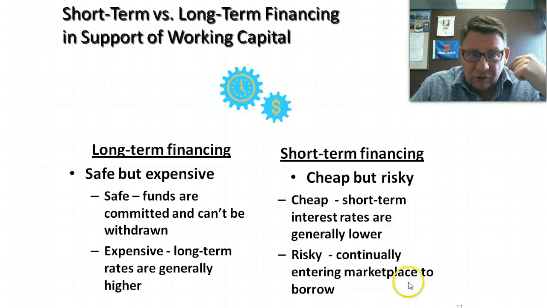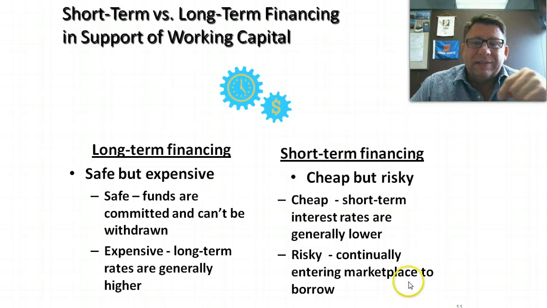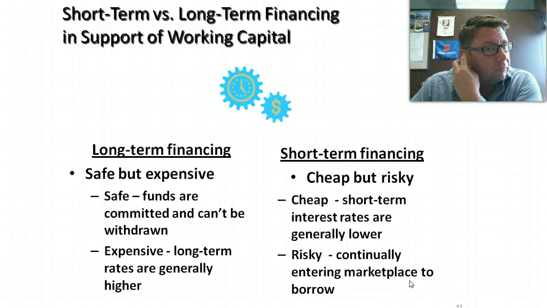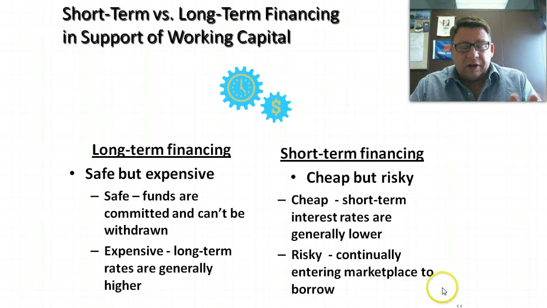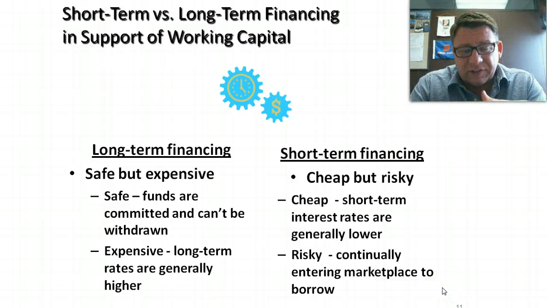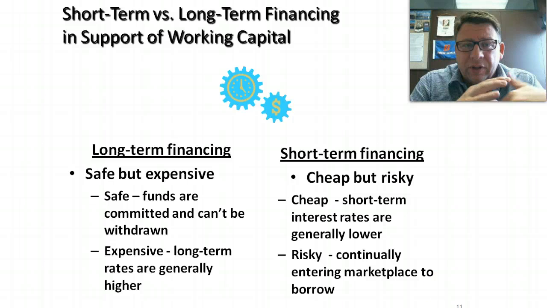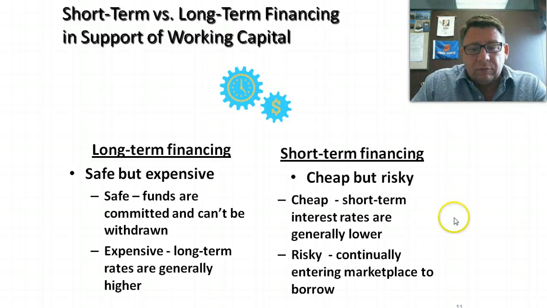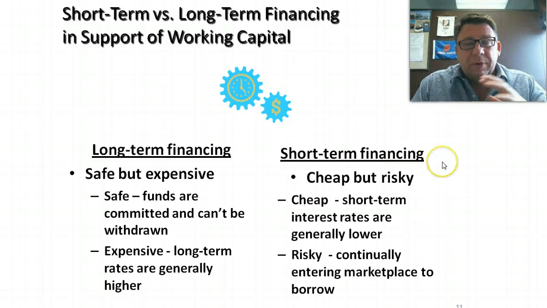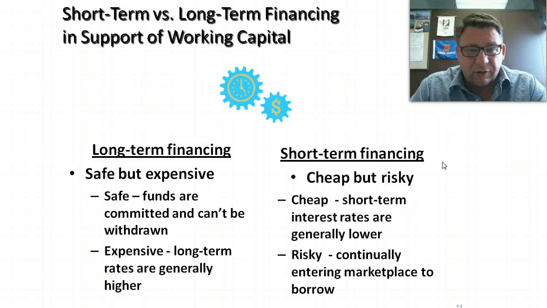It's risky though, because you're always in the marketplace looking for borrowing. I don't know how many of you are familiar with mortgages, but here's a good example. The interest rate on a 30-year mortgage is almost always higher than the interest rate on a 15-year mortgage. Now, we wouldn't call a 15-year mortgage short-term, but it's still an example to highlight those differences.